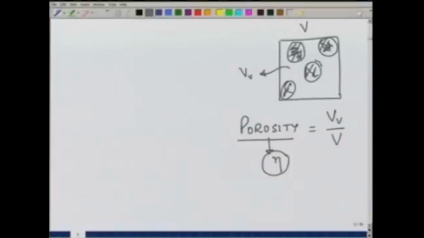Now, all of this will not be available, because some of the water which is very close to the grains is attached quite solidly to these particles and cannot be removed. So, in order to look at the availability, we have a term which is known as specific yield. Now, this specific yield, which is denoted by SY, is the amount of water which can be drained under gravity.